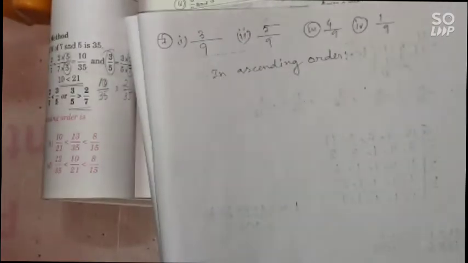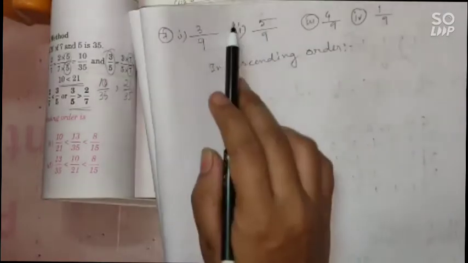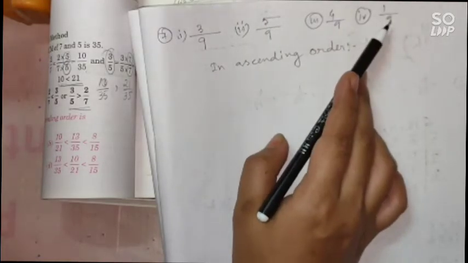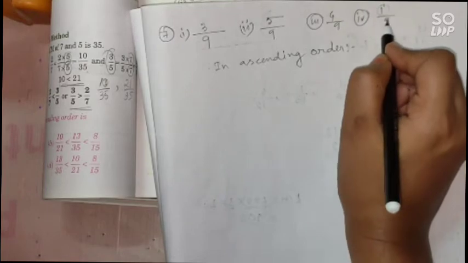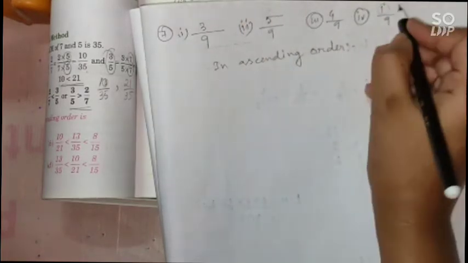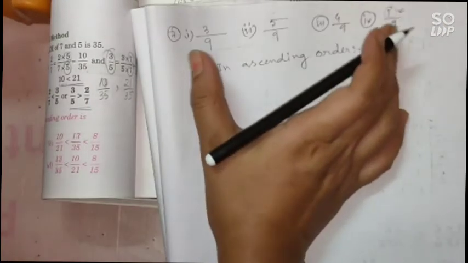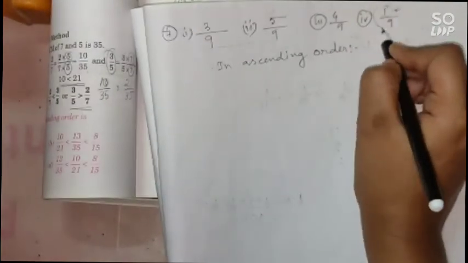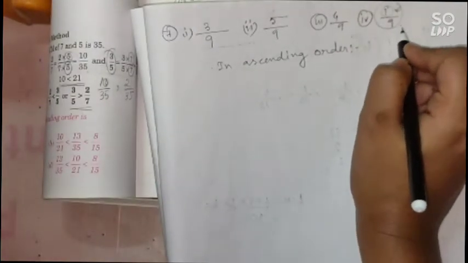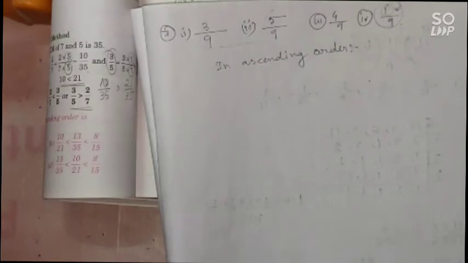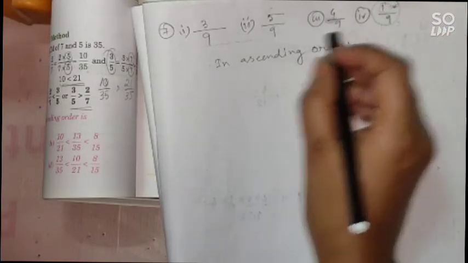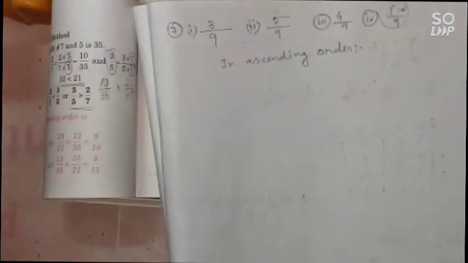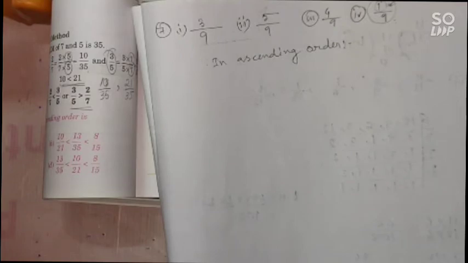For comparing like fractions, you have to compare the numerators of the fractions. Since 1 is the smallest numerator, this fraction will be the smallest, because you know that in like fractions, the fraction whose numerator is the smallest will be the smallest, and the one whose numerator is the greatest will be the greatest.